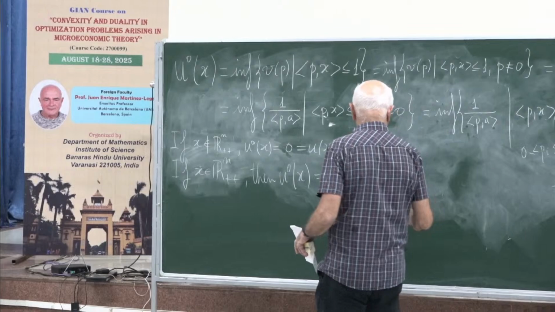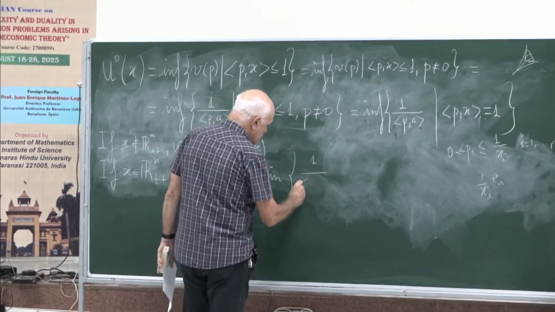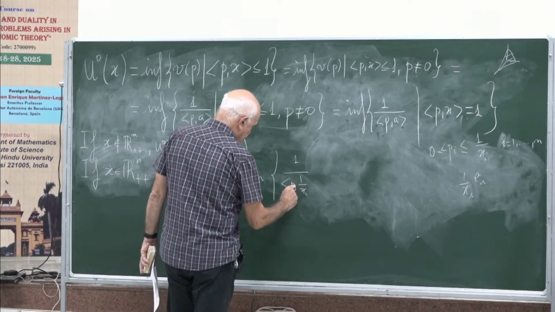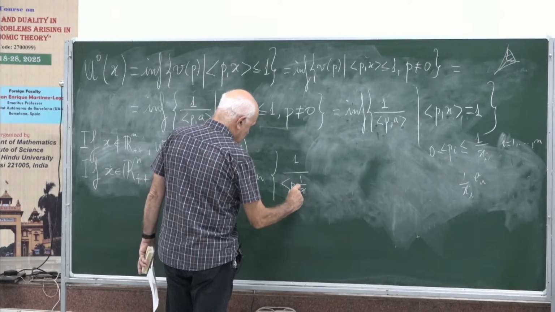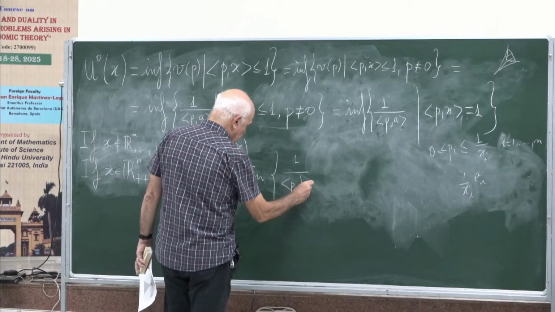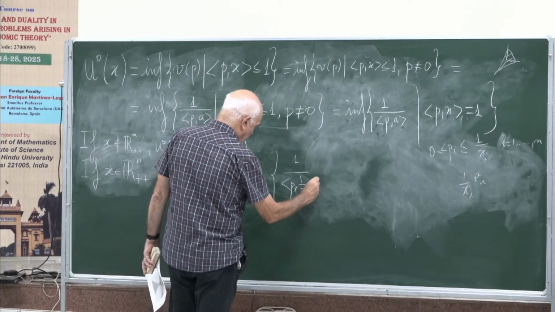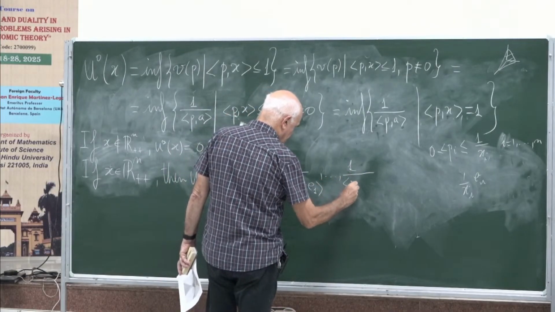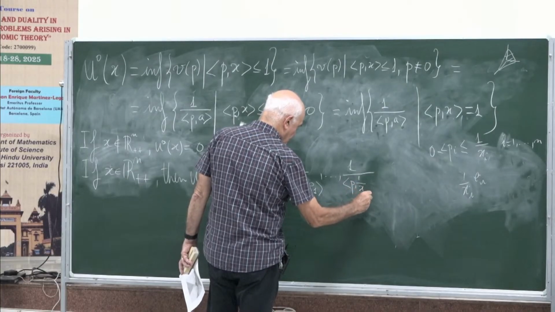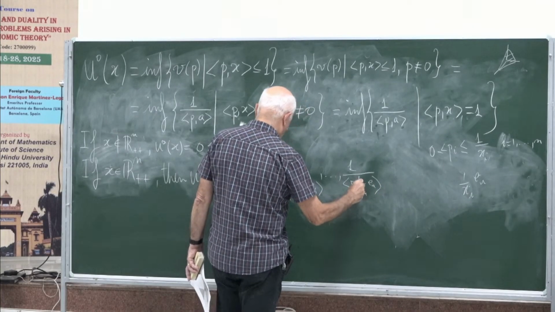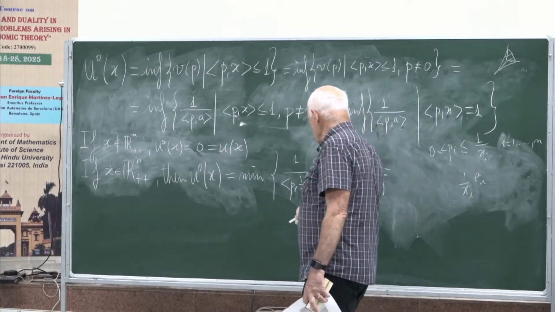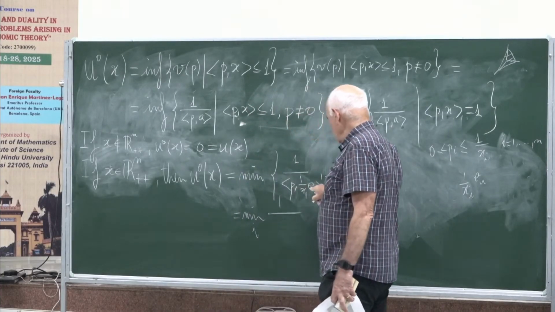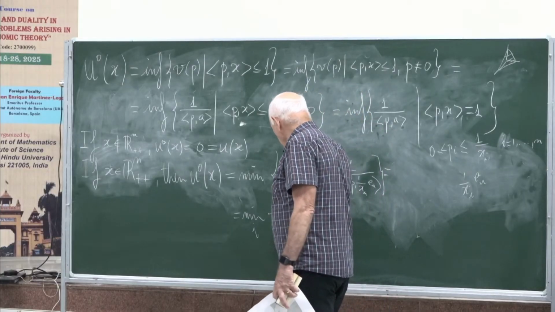So I have to compare 1 over x1 e1, up to 1 over xn en.